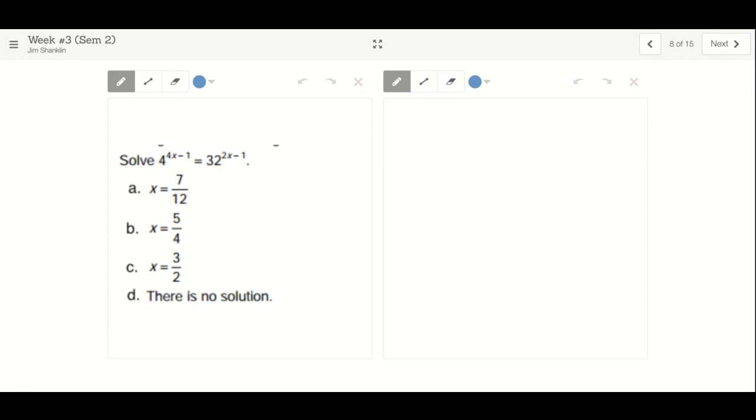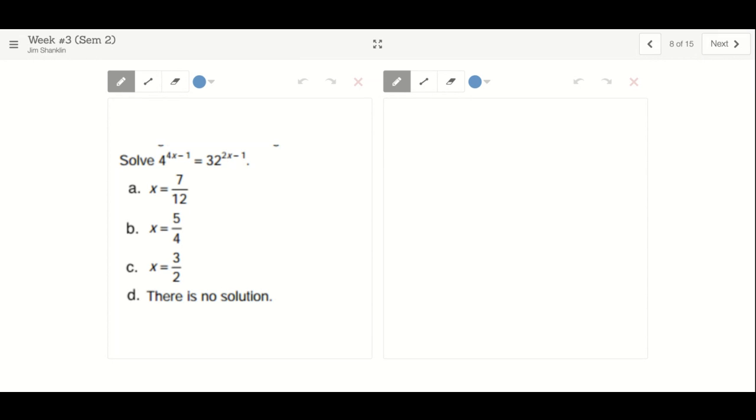Lessons, week 3. Huh. Oh, I guess solving one-to-one equations. Is that part of it? Oh, it is. Oh, sorry about that. I didn't know that we were solving exponential equations. Number 3 on the assessment.